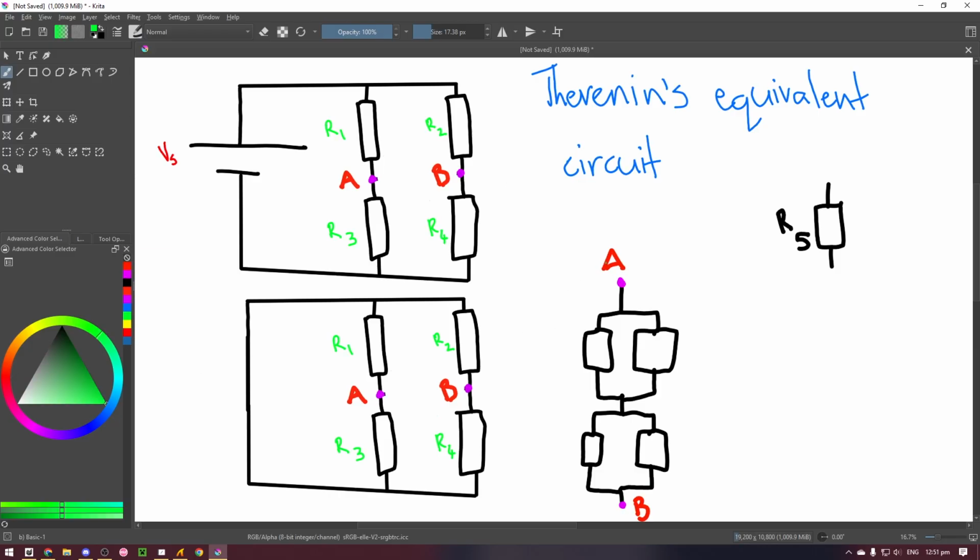This is because when current comes from A, it can move in either to R1 or R3, and then once it comes out, it can then go to either R2 or R4.